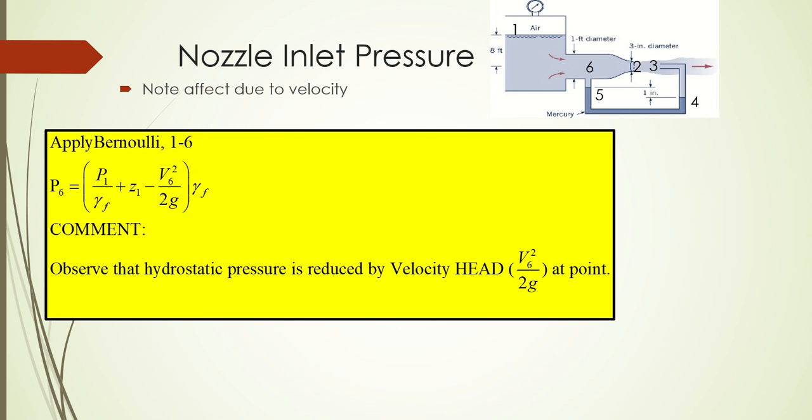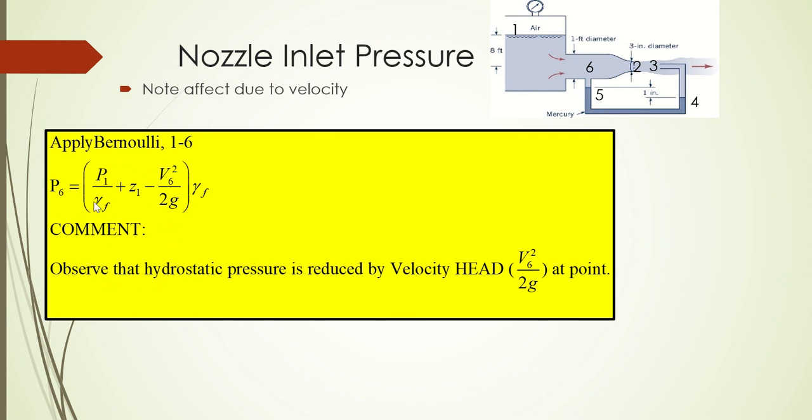And we also want to find the nozzle inlet pressure P6 here. If we apply Bernoulli now between 1 and 6, because I never knew the value of P6, now that I know the value of P1, I can apply Bernoulli between point 1 and point 6. And so therefore I have P6 is P1 over gamma plus Z1 minus V6 squared over 2g.